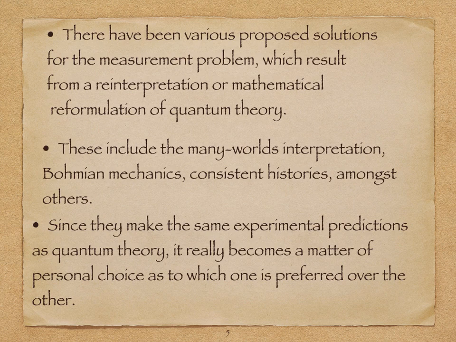Since they all make the same experimental predictions as quantum theory, it really becomes a matter of personal choice as to which one is preferred over the other. So you could be a many worlds person, or you could be a Bohmian, you could believe in consistent histories, but they are all agreeing with quantum mechanics in their experimental predictions.